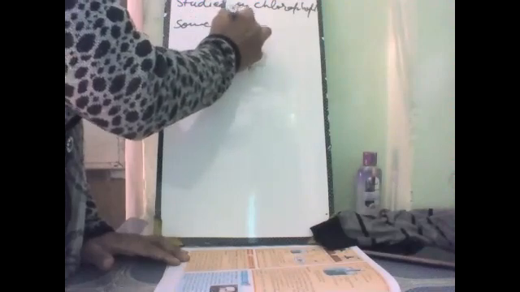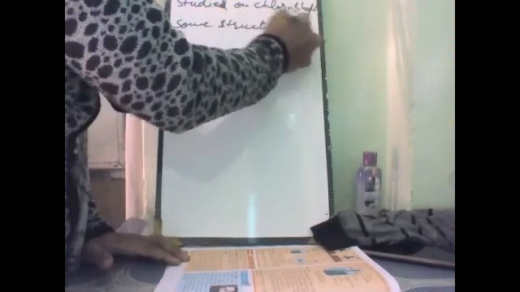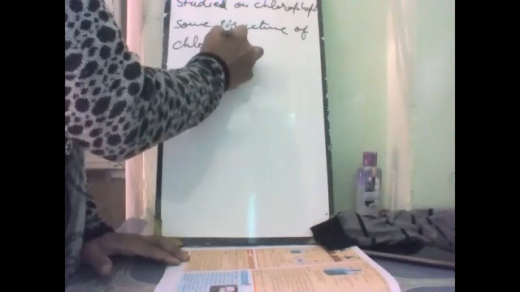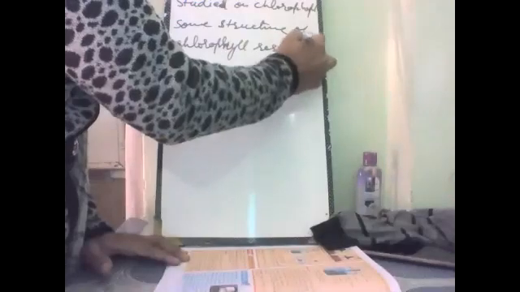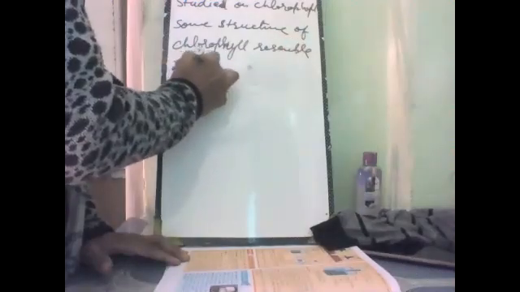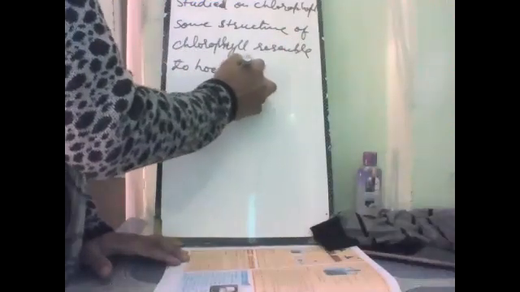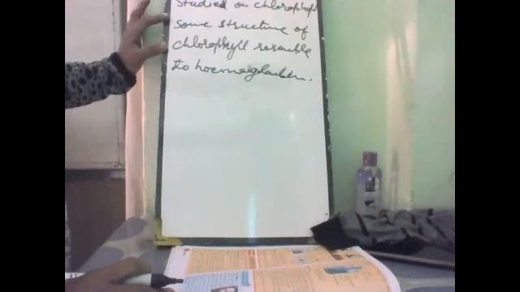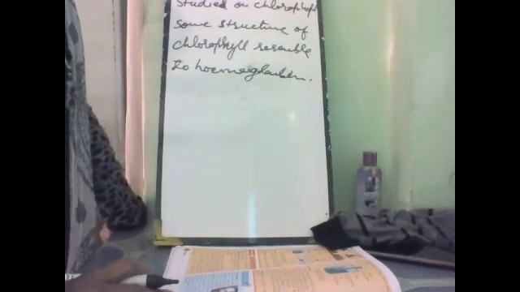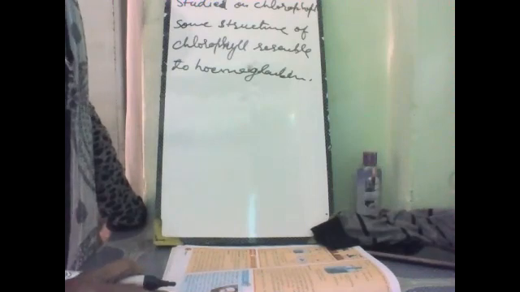Some structure of chlorophyll resembles hemoglobin. Hemoglobin is present in the blood. So we can say that chlorophyll and hemoglobin do similar things in their bodies.